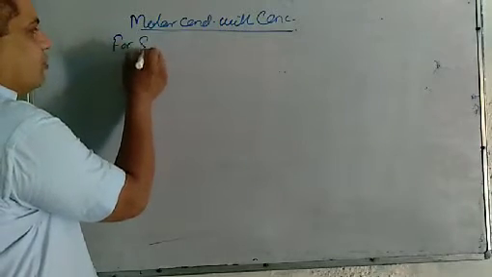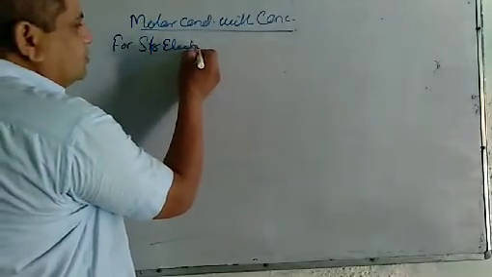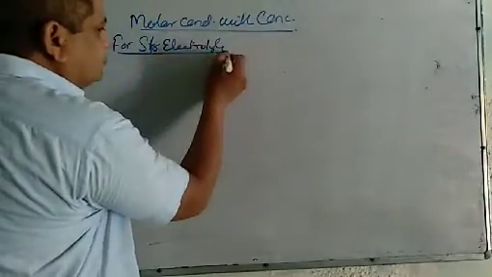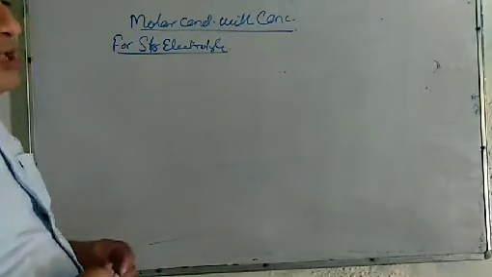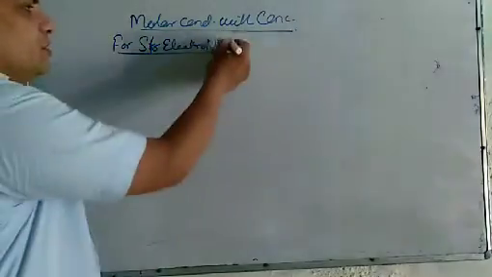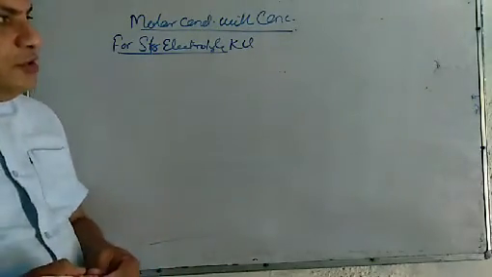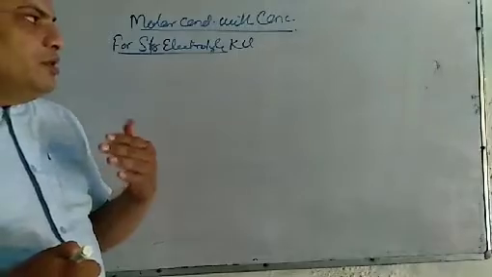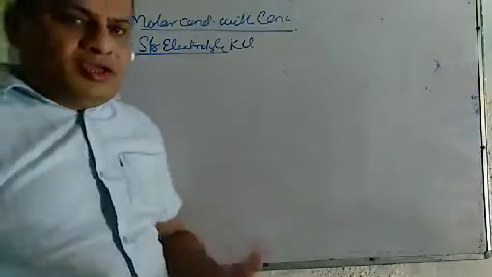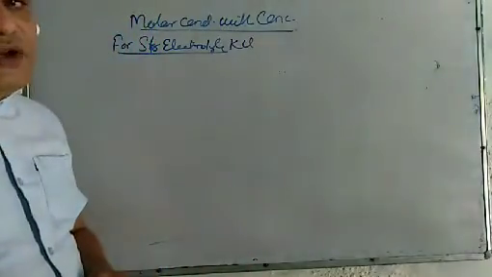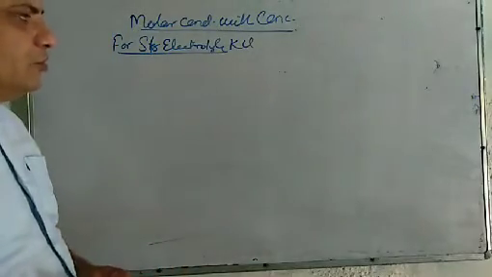For strong electrolyte, like KCl, NaCl, etc. So as we know that strong electrolytes are always completely ionized, but due to interionic attraction at high concentration, they are not free to move, or they move slowly and their conductivity is low.